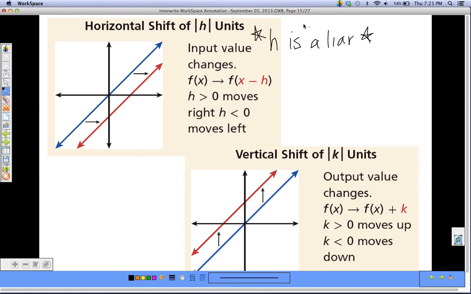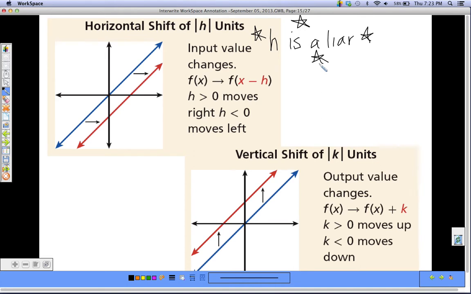I don't know how many times I'll say that, but it is very important. Whenever you see h, we have to take the opposite value. Once you've taken the opposite of what you see, then if h is positive, it goes right. If h is negative, it goes left.